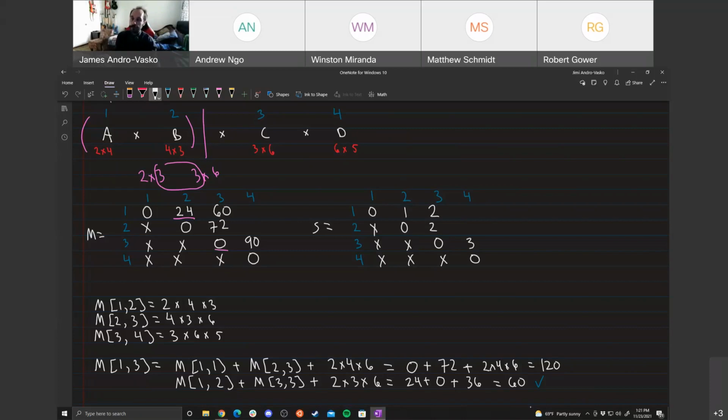For M13, we chose 2 as our cutoff point. So we broke it after 2. To construct M13, we chose 2, which means we took A times B first and then multiplied by C. So we know exactly where we set that cutoff point. That's what we have so far at least.